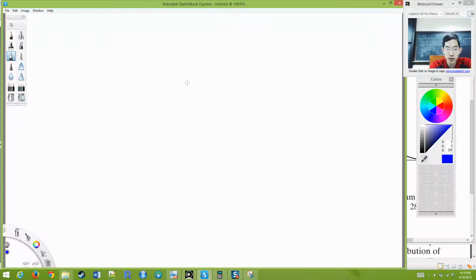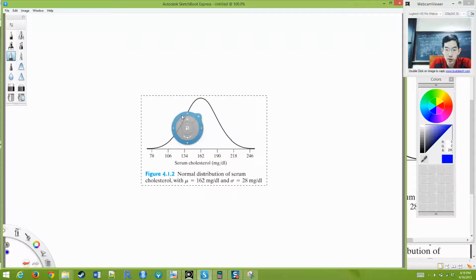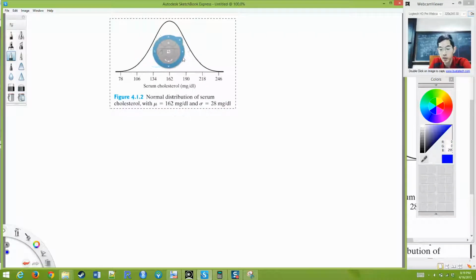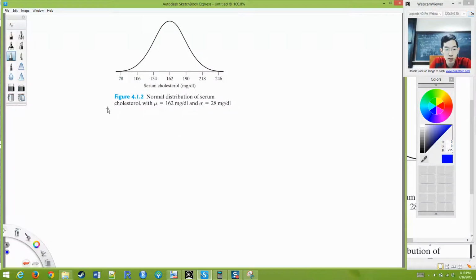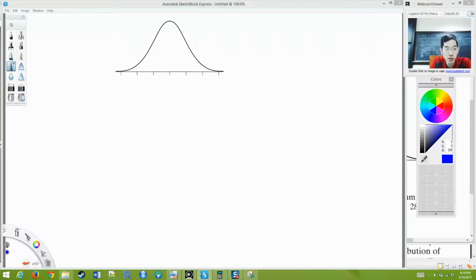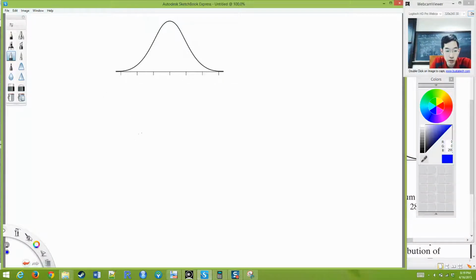Okay, so let's just put this up on the screen. We said the mean height is 64.5 and the standard deviation is 3, and again an approximation.